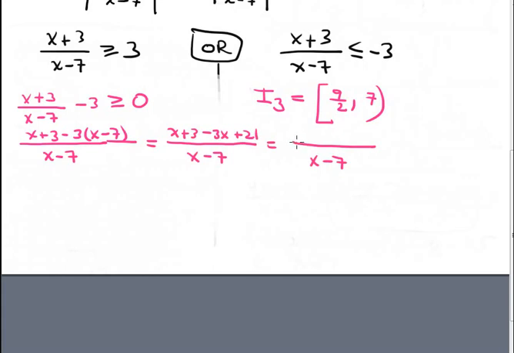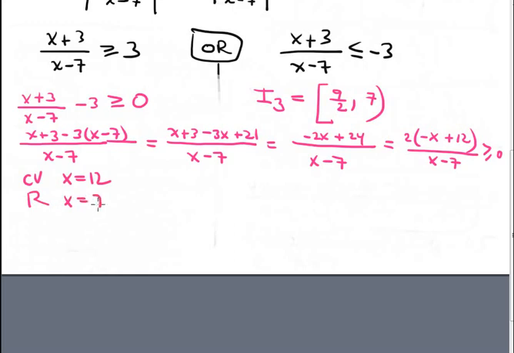This is minus 2x plus 24. Factoring out 2, we have minus x plus 12 over x minus 7, and this expression must be greater than or equal to 0. The critical value is x equal 12. The restriction is x not equal to 7.